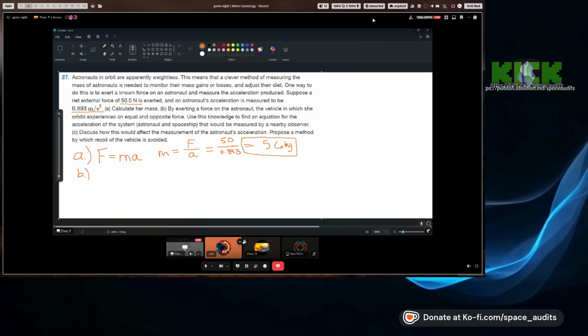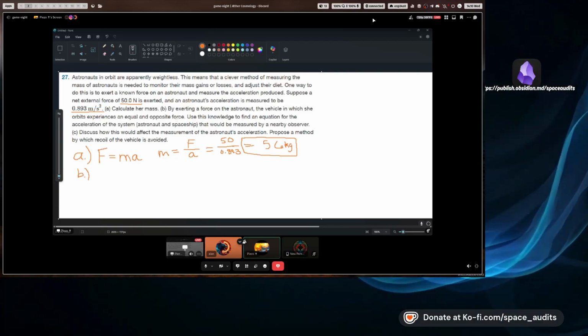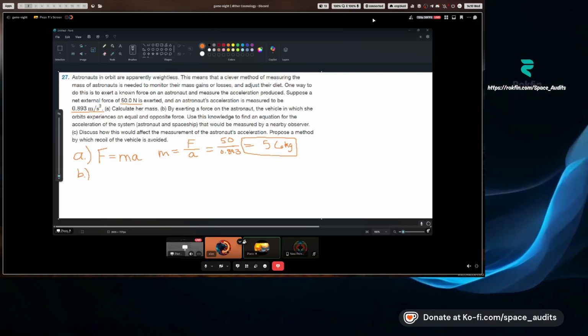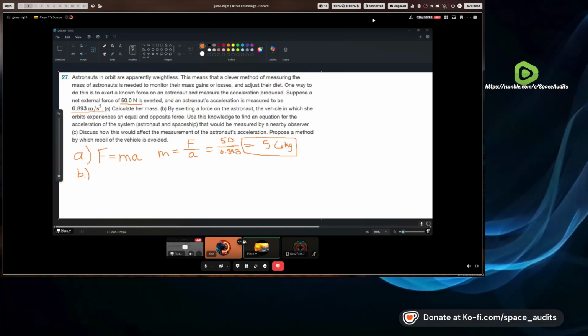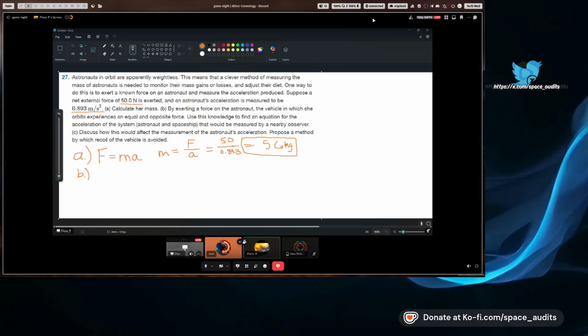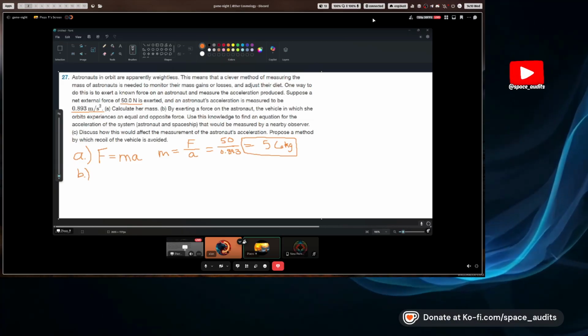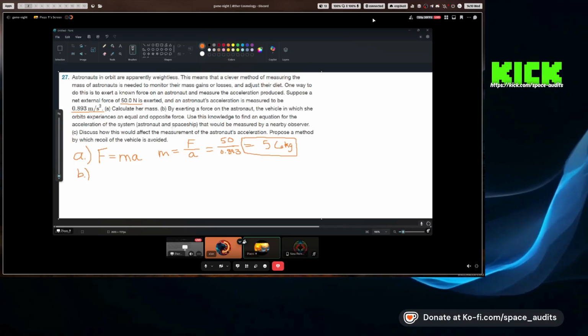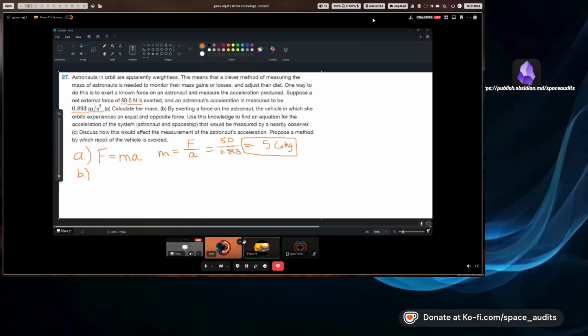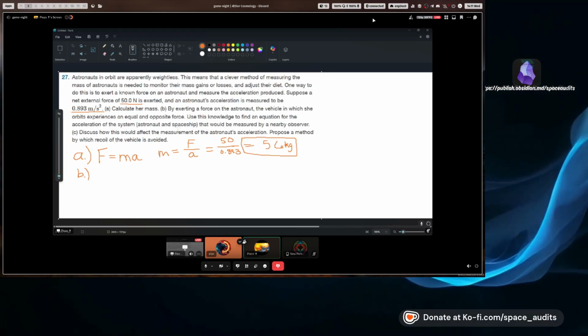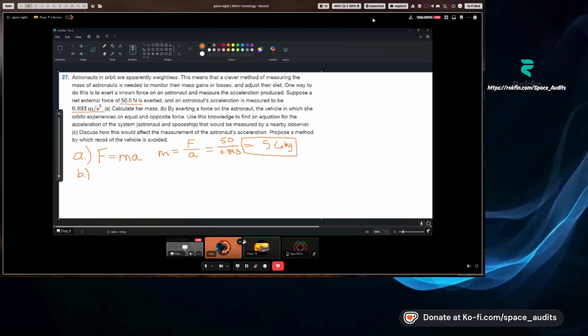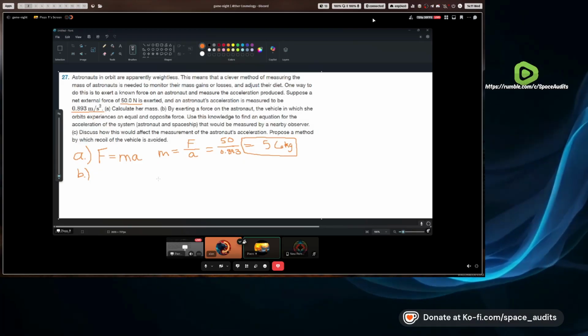So she's sitting in the seat. You push on her, you push on the vehicle. The vehicle in which she orbits experiences an equal and opposite force. Use this knowledge to find an equation for the acceleration of the system, astronaut and spaceship, that would be measured by a nearby observer. So what's happening here?